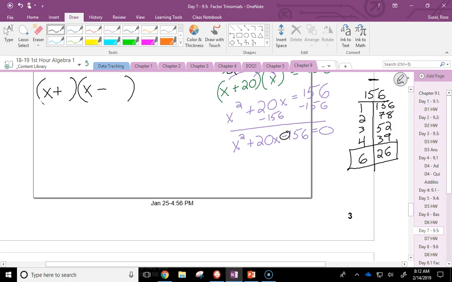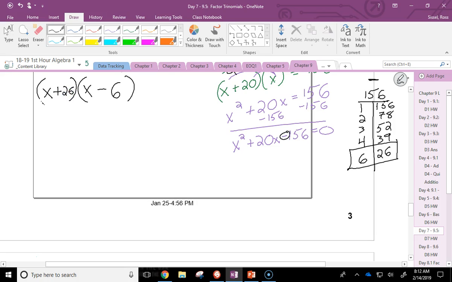Let's see, who had the question? Katie. I'm going to pick on you. Okay, so which one's going to be the positive and which one's going to be the negative? The positive's going to be 6 and the negative's going to be 26. No, other way around. It's negative 6 and positive 26. I think the bigger number is positive.